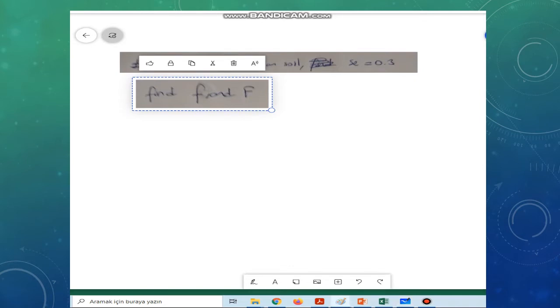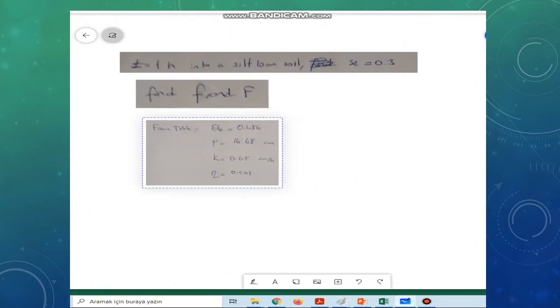From the table, we know that our effective moisture content is 0.486, and our suction head is 16.68 centimeters.